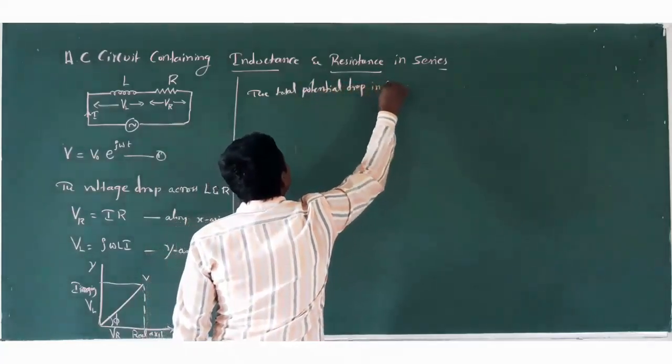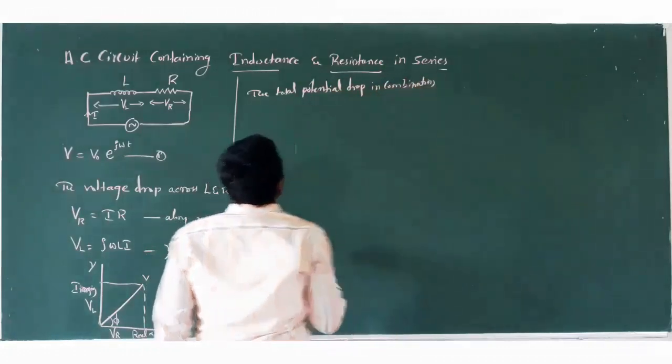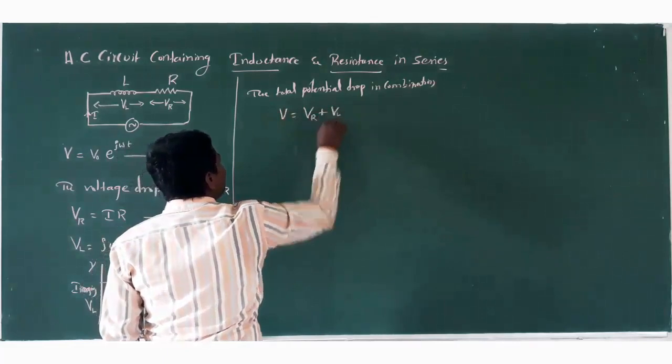Now the total potential drop in the combination is V is equal to VR plus VL.